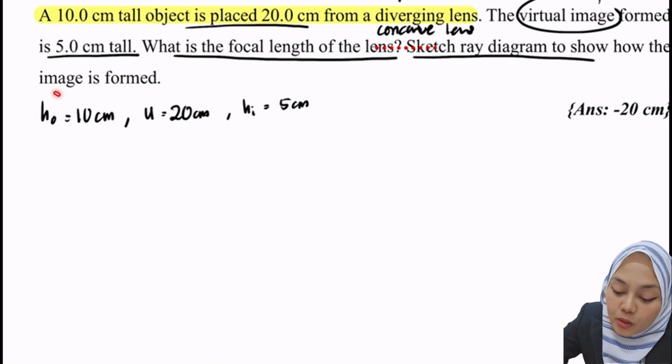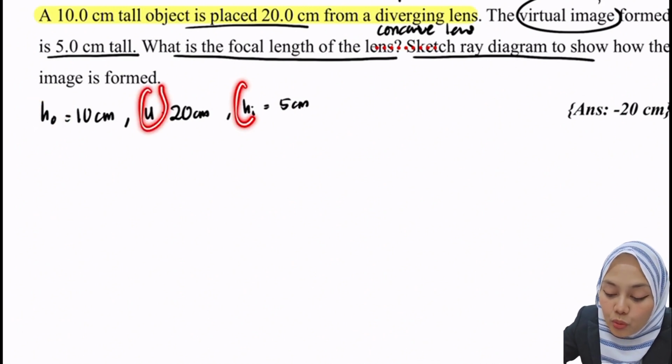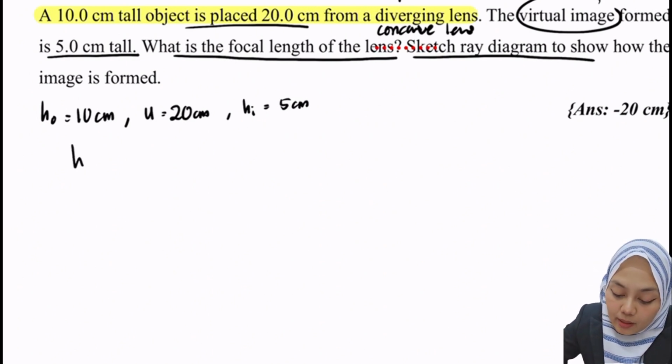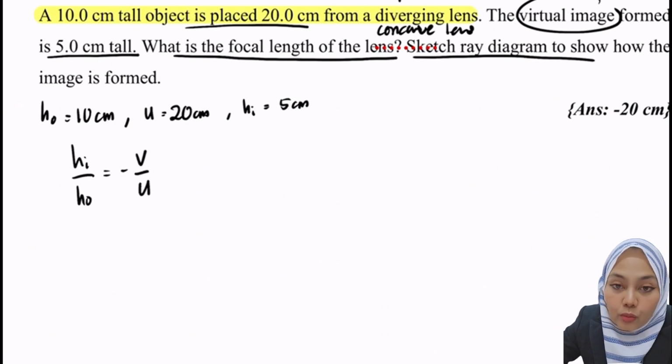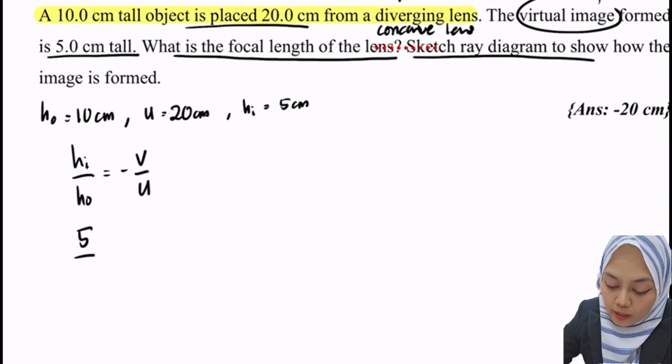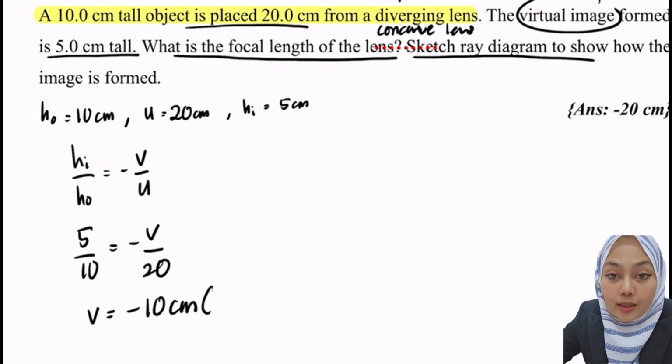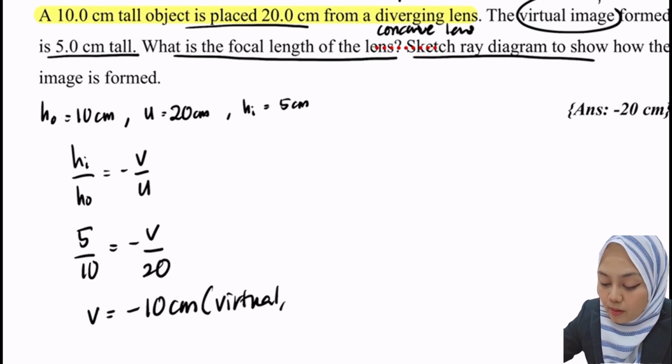Because we have HO, U, and HI, I'm going to use the magnification equation. So HI over HO equals negative V over U. Substituting, 5 over 10 equals negative V over 20, so V equals negative 10 centimeters. So obviously this is virtual and upright.